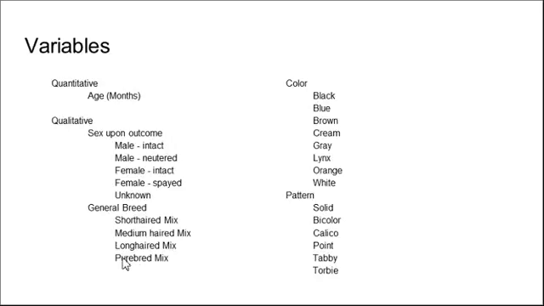Most of the cats in the data set were already in one of the 3 general bins, the short, medium, and long hair, and then there's just a handful of cats that called out a specific breed. So I decided to put them together to keep those levels more manageable. Color required a little bit of pruning as well. I got that to 8 different buckets, and then pattern into 6.